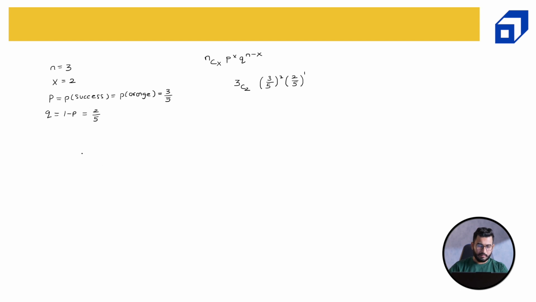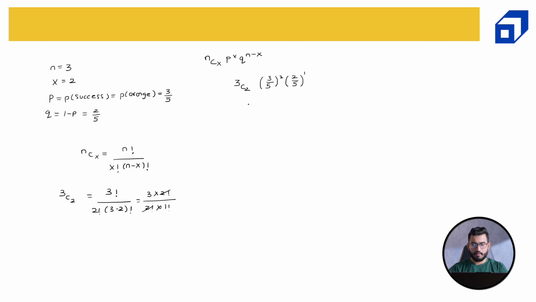The nCx term can be expanded as n factorial upon x factorial times n minus x factorial. So 3C2 would be 3 factorial upon 2 factorial times 3 minus 2 factorial, which is 3 into 2 factorial divided by 2 factorial into 1 factorial. 2 factorial will cancel out, so we'll be left with 3.